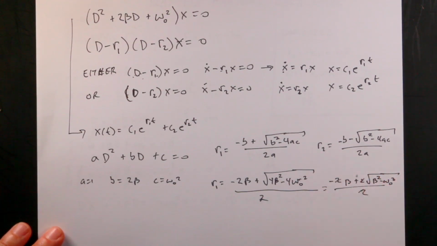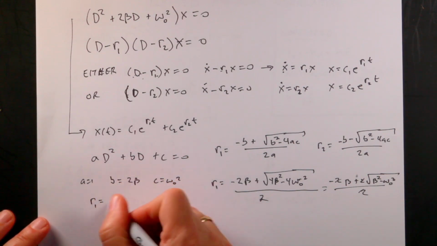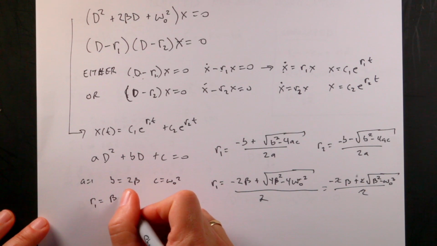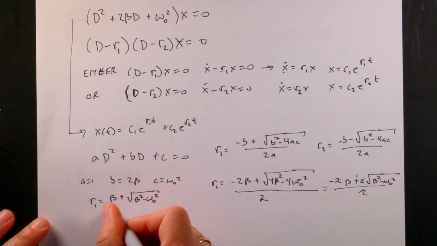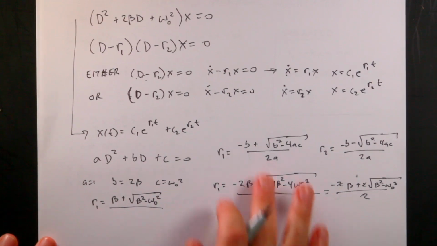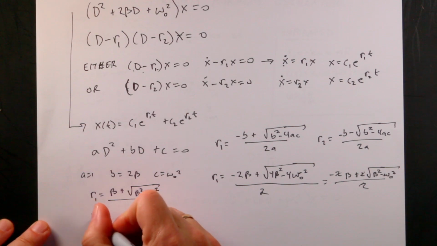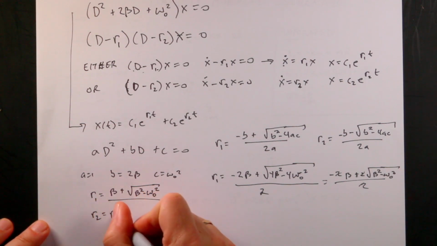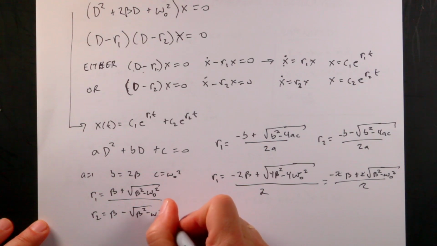Cancel, cancel, cancel. So r1 would be equal to negative beta plus the square root of beta squared minus omega naught squared. Then r2 is the exact same thing, except this is a minus sign. So I can say r2 is negative beta minus the square root of beta squared minus omega naught squared.